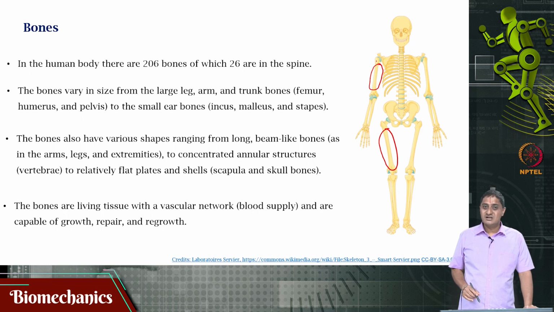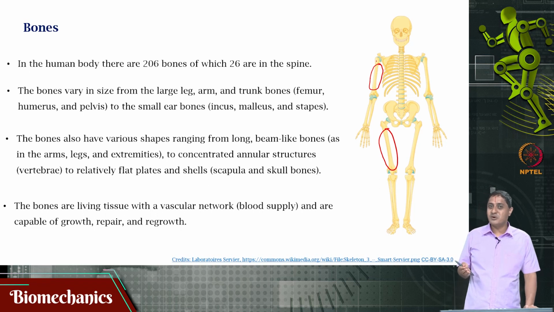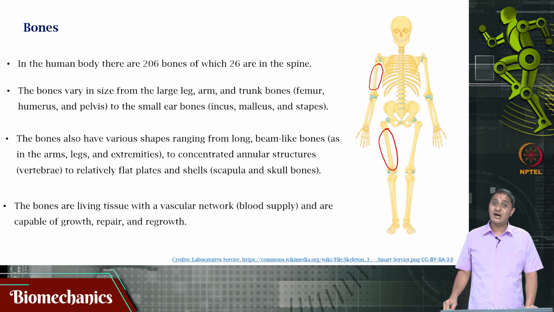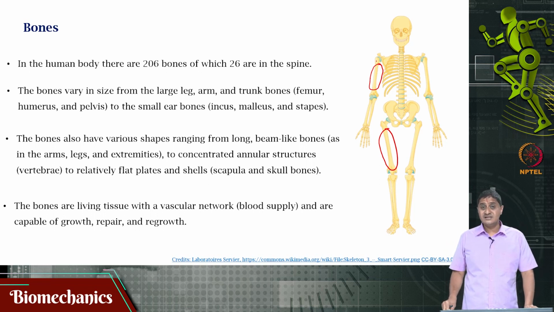Their function is to pass the spinal cord, which is a bundle of nerves, safely through a strong bony structure, so that those nerves are not damaged. This is a critical function of the vertebral column. So, these are concentrated annular structures such as the vertebra, and then relatively flat bones.